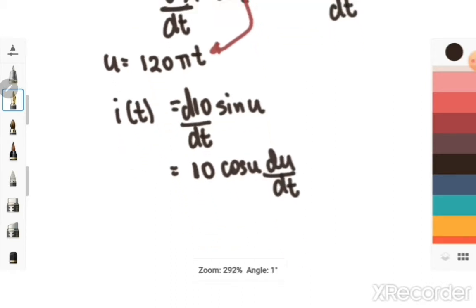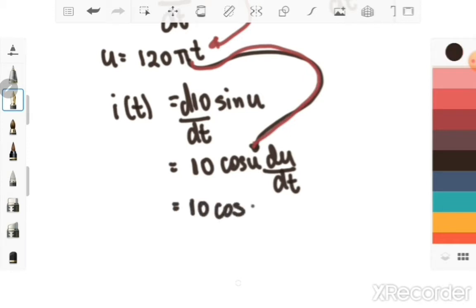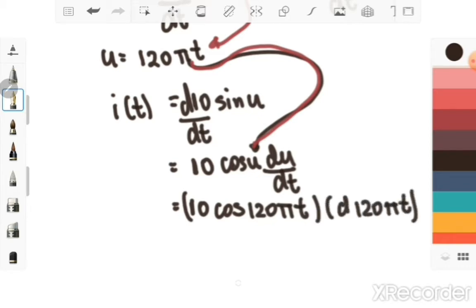But what is your u? Your u is equal to 120 pi t, right? So therefore, we have 10 cosine 120 pi t multiplied by the derivative of your 120 pi t over dt, right?